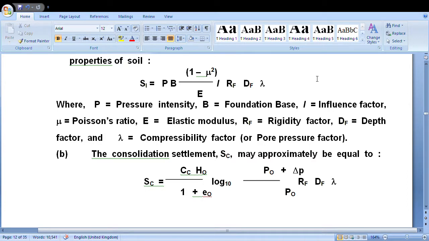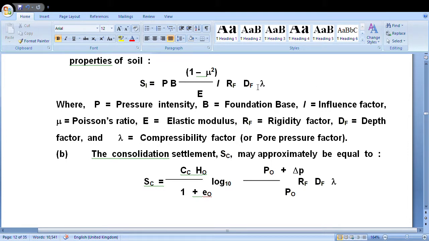Regarding width, I have already stated earlier that we should go for either a square foundation or a circular foundation at the time of calculation, especially for settlement analysis. Because for a rectangular foundation, the lower dimension gives a lower result and the higher dimension gives a higher result. So we must convert either to a square shape or a circular shape.